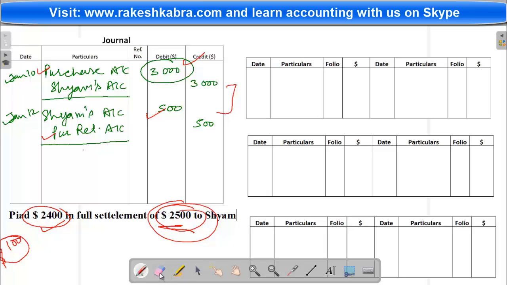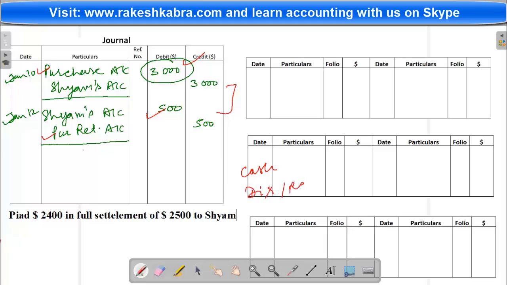Okay. Now see what happened in the business. First we have to decide this. What happened in the business? So cash goes out, isn't it? Yes, cash goes out. So we paid money, so obviously cash goes out. And there is income now in the business, and the name of income is discount received.